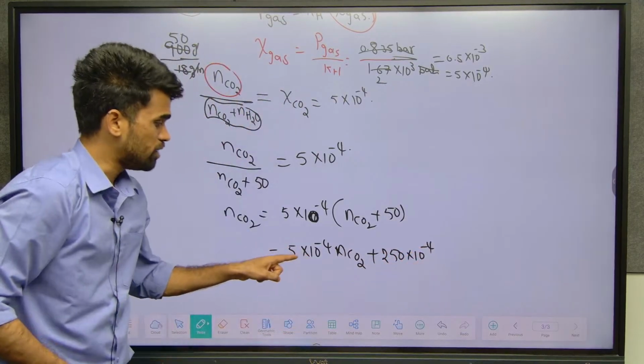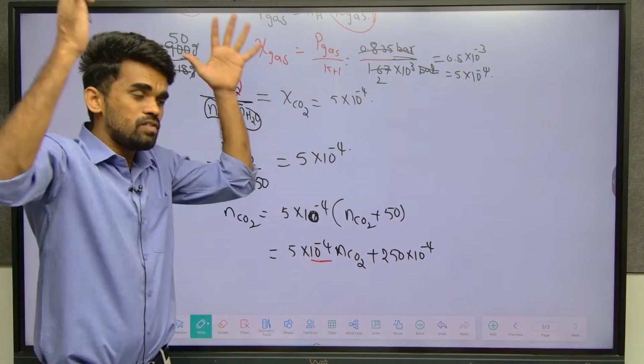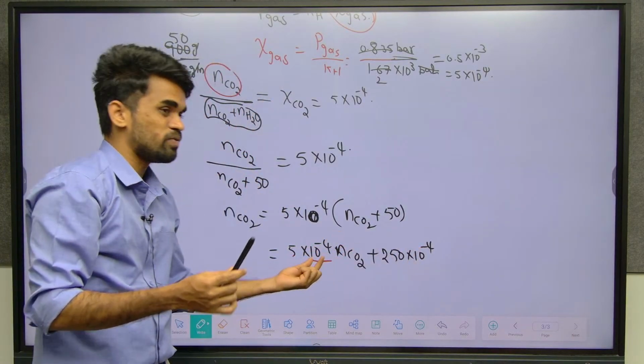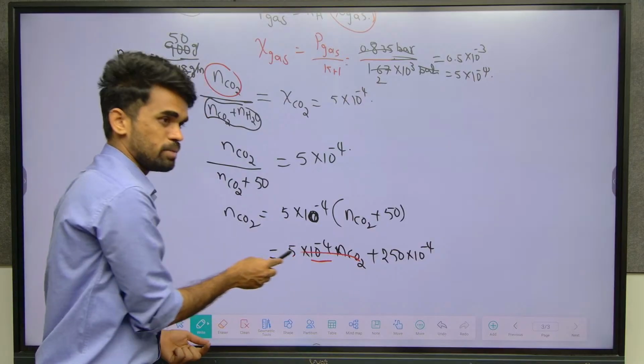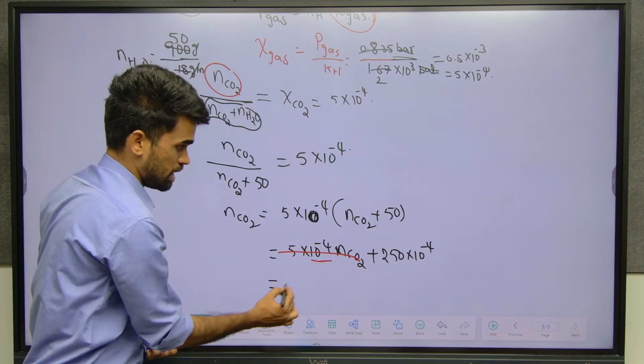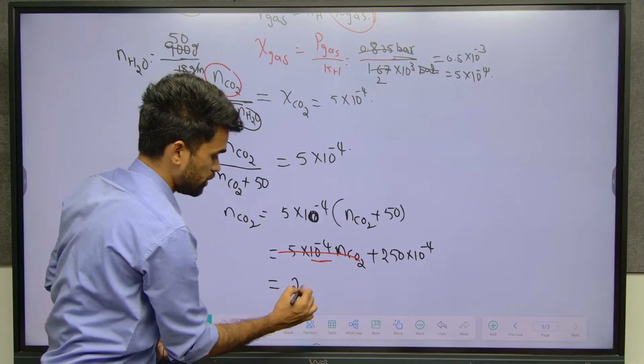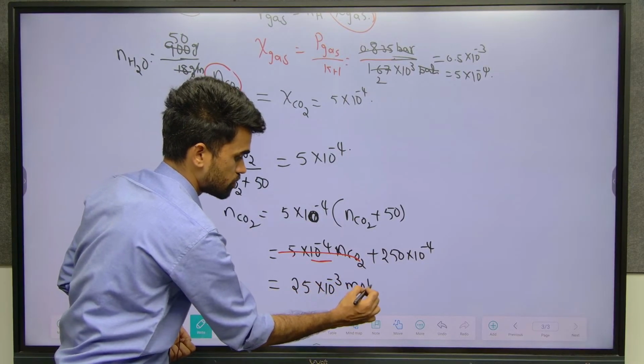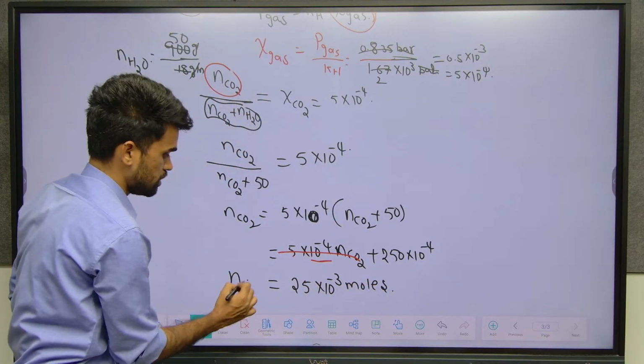See, 5 into 10 power minus 4 is a bigger value or smaller value? Some little bit bigger value plus very smaller value. Can I ignore this number? Yeah. So what is our final answer now? So 25 into 10 power minus 3 moles N CO2.